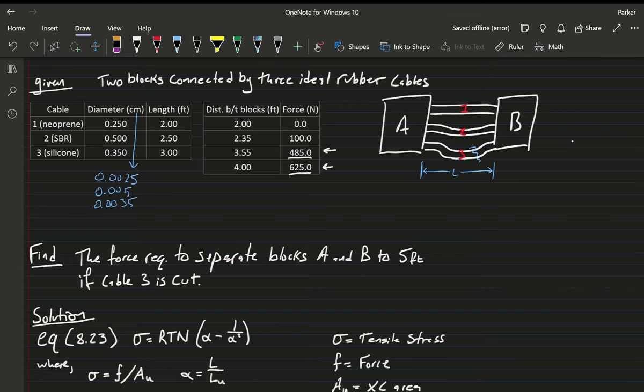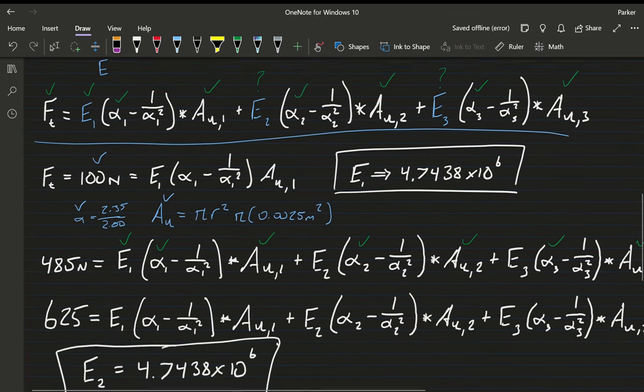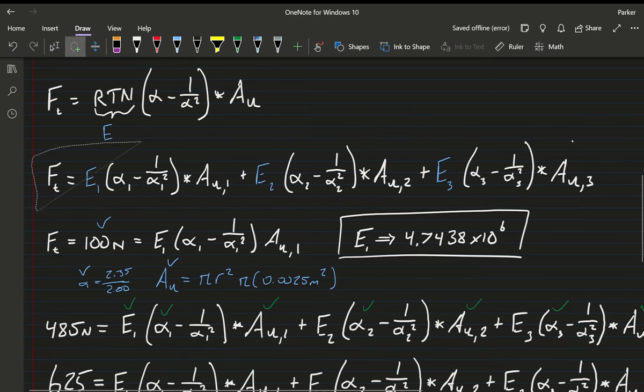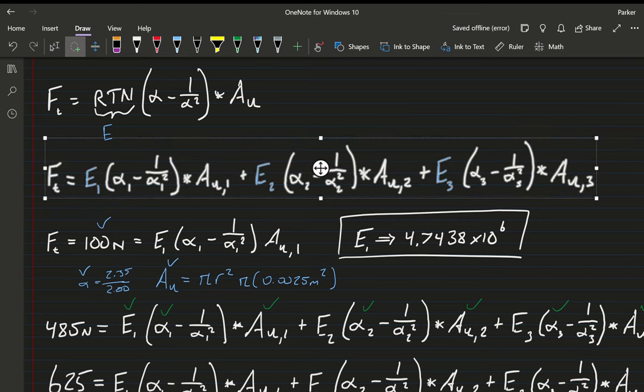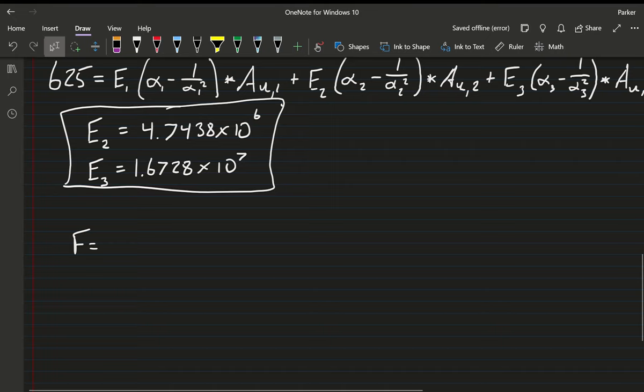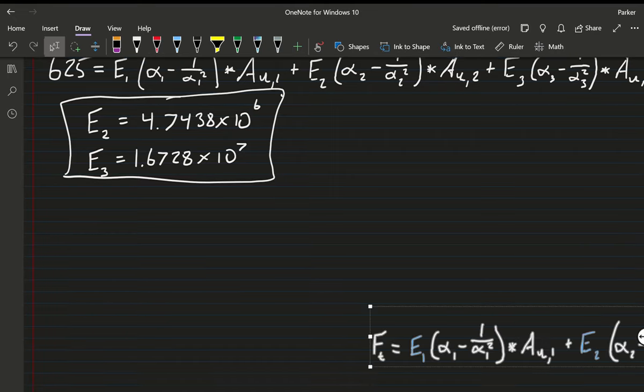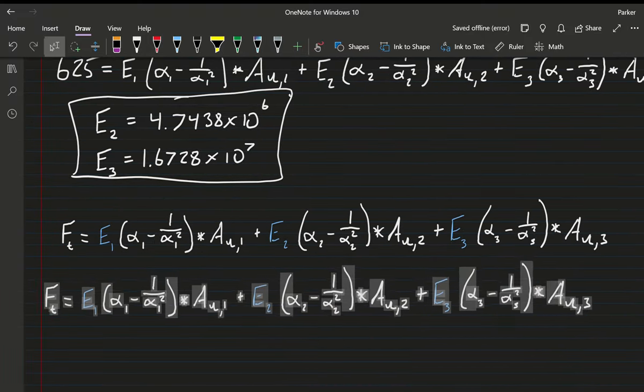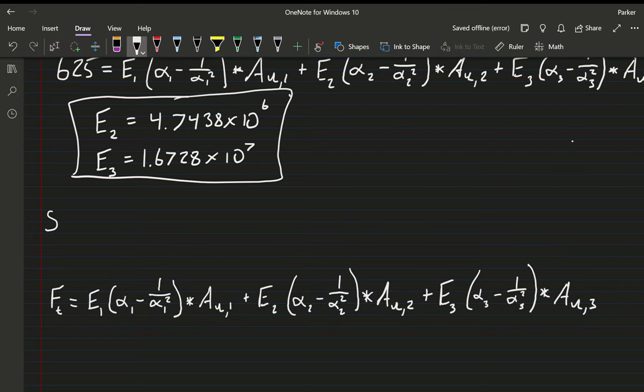So how we'll do that is taking this whole equation, let me clean it up a little bit here.